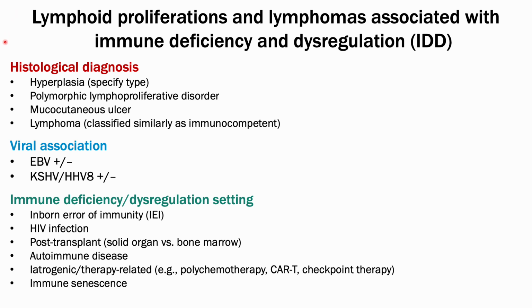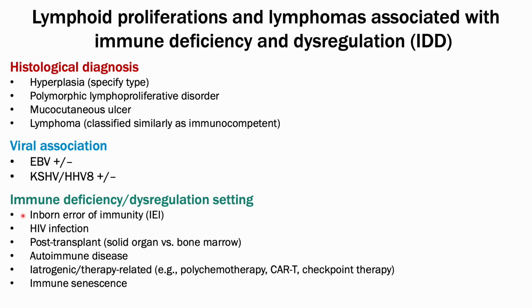The first part is the histologic diagnosis, whether it's hyperplasia, polymorphic LPD, mucocutaneous ulcer, or lymphoma, which you would classify similarly as you would for an immunocompetent patient. The second part you have to report is the viral association, whether it's EBV, KSHV/HHV8, or a combination of them. And the third thing is the immune deficiency or dysregulation setting.